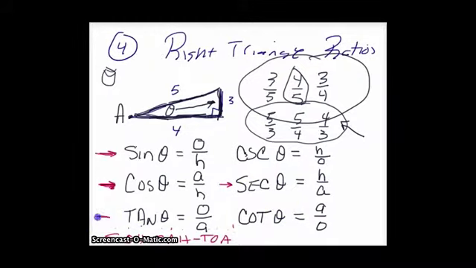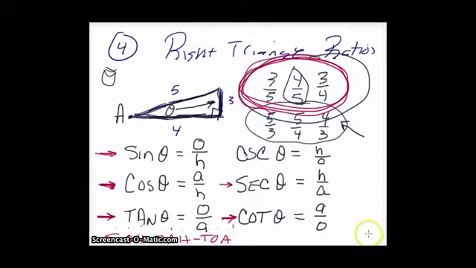And then the gentleman at the beach, the tangent, get it, tangent. He stayed too long at the beach and got a bad burn, had to go to the hospital. They sat him on a cot. People have their different tricks to know these. So know the right triangle ratios. There are 6, but instead of Big Ten football, I'm going to call them the Big 3. Make sure you know them.